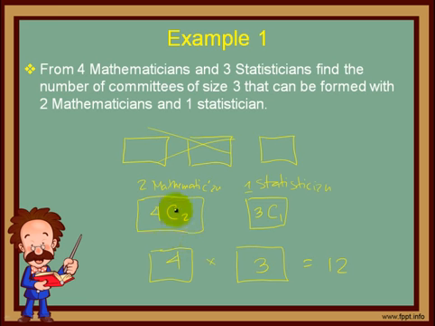Order is not important. So gigamit nimo ang fundamental counting principle, then permutation or combination, para ma-determine how many ways can you choose 2 mathematicians and how many ways can you choose 1 statistician.